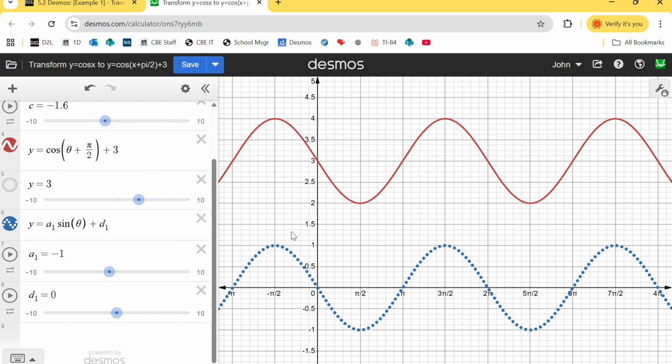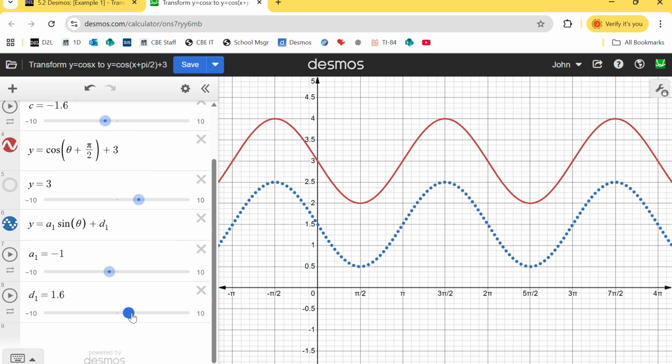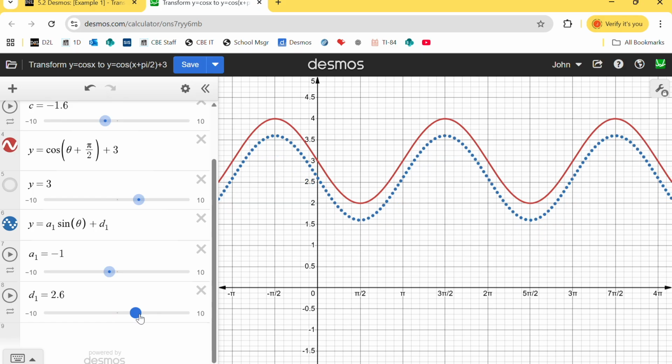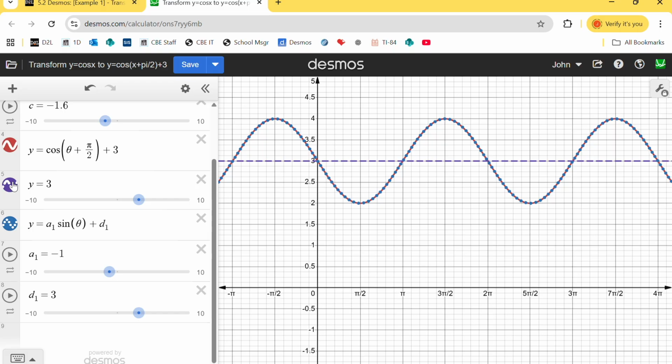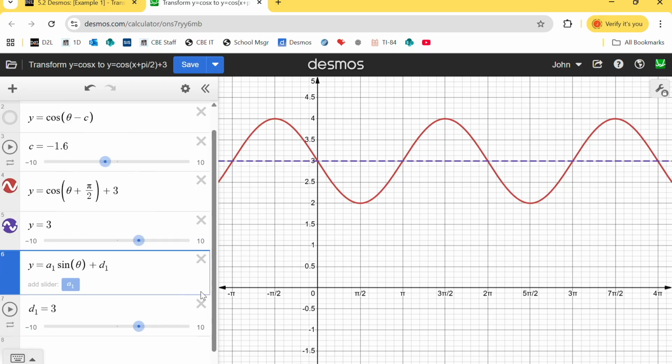What happens when I shift it? Now look, the maximums and the minimums are all lined up. So all that's left to do is a vertical shift of 3 units up, turn on my sinusoidal axis, and there we go. That's our second way.